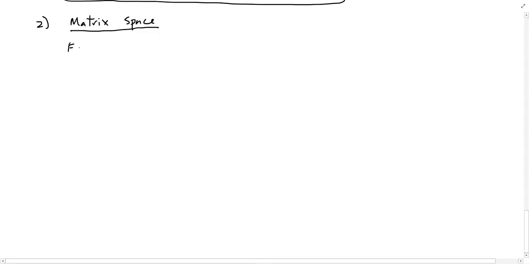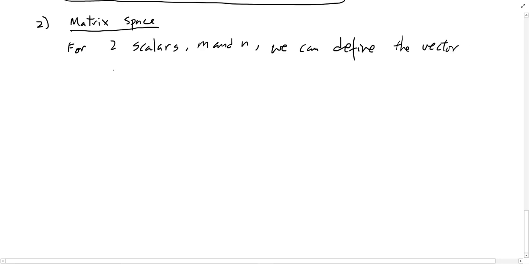Let's say for two scalars, m and n, we can define the vector space M with subscript m, n to be the following.